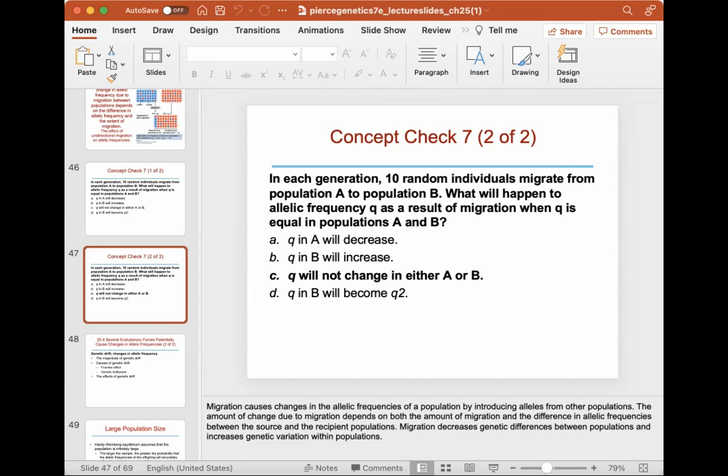Then the descendants of that derived population can mutate exactly backward to the original condition. That's possible.